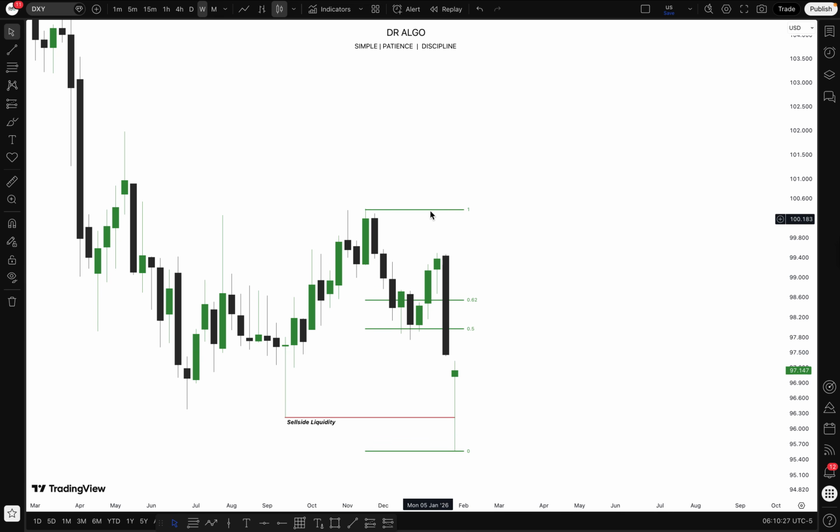Okay, so looking at the Fibonacci, this is the premium level and this is the discount. Whenever you are analyzing the market, trying to picture the direction, the bias, to keep things simple, make sure that you focus on location first. Where is price exactly sitting?